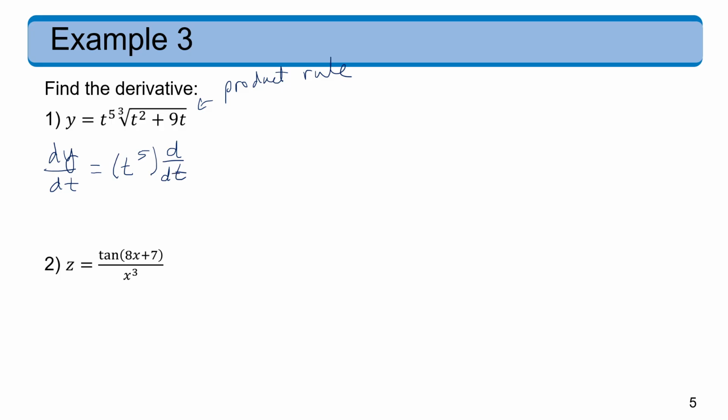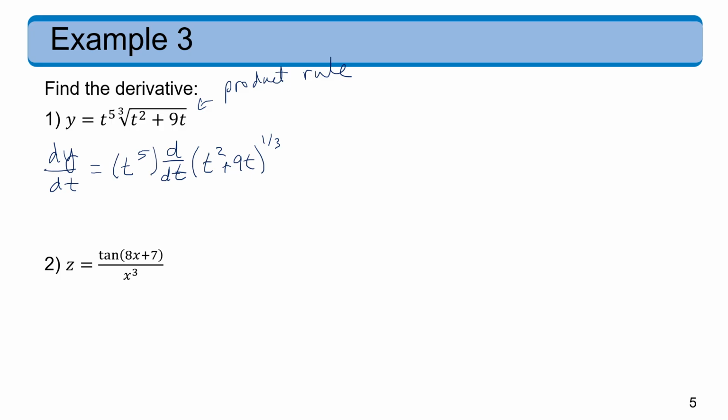Now the second is a cube root. So just like with square root, which we rewrote as a 1/2 power, with cube root, it's going to help to write that as a 1/3 power for taking the derivative. So we take what's inside, t squared plus 9t, and put that to the 1/3 power. So that's the derivative of the inside part.